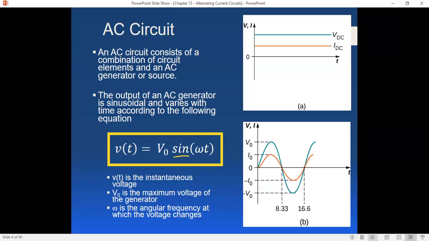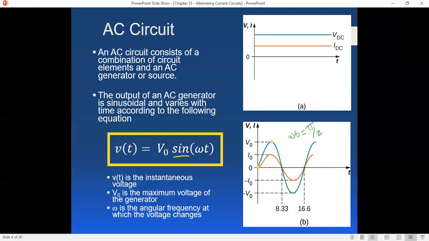Again, we can see that at t equals 0, the voltage is 0, and at 1/4 of the phase forward, where omega t equals 90 degrees, or in radians, pi/2, the voltage is going to reach a maximum. The sine of 90 degrees is 1.